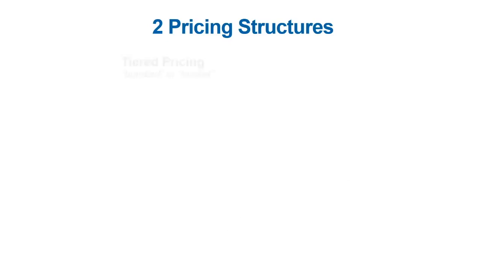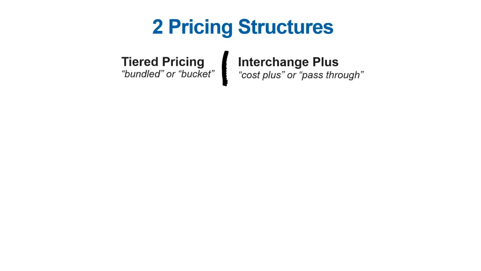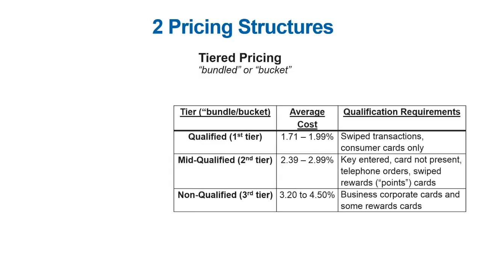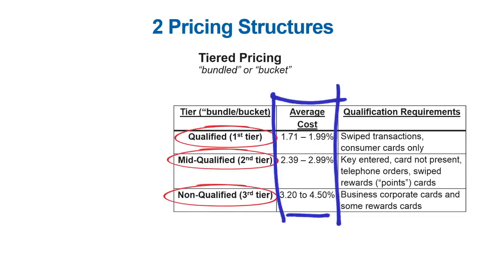Your choices are tiered pricing or Interchange Plus. Tiered pricing takes hundreds of interchange categories and lumps them into bundles or buckets. The three common tiers are qualified, mid-qualified, and non-qualified, and as you can see from the chart, the rates increase as you move from qualified to non-qualified.